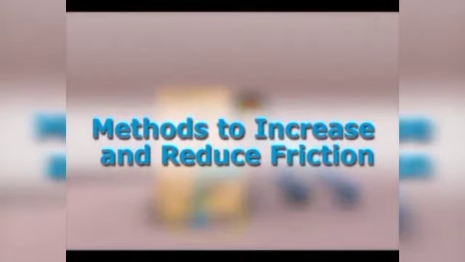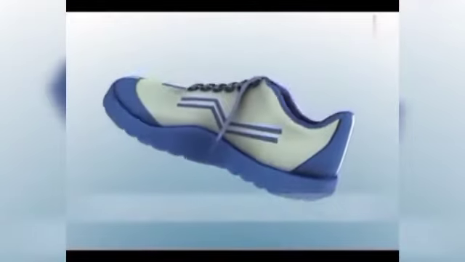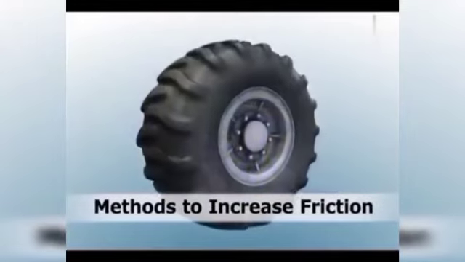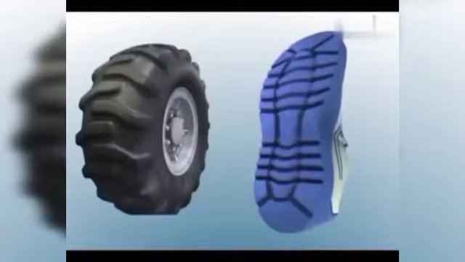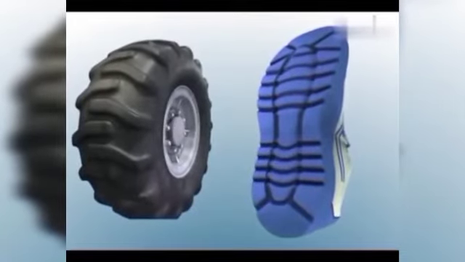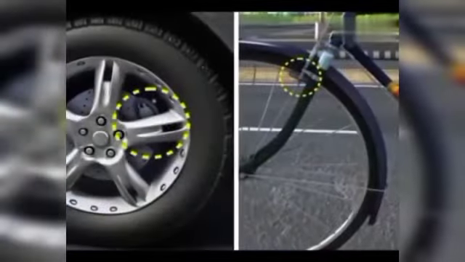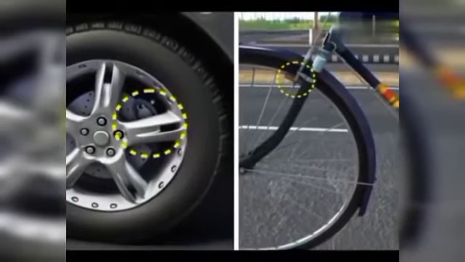Have you ever thought why our shoes and tires are grooved? It is done to provide better grip on the ground. To increase the friction, the brakes are provided in the vehicles.